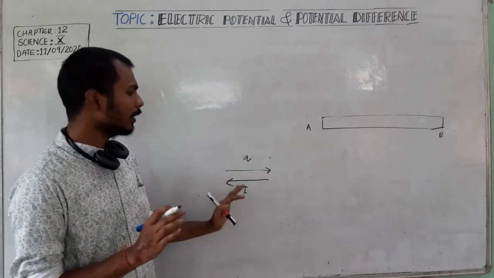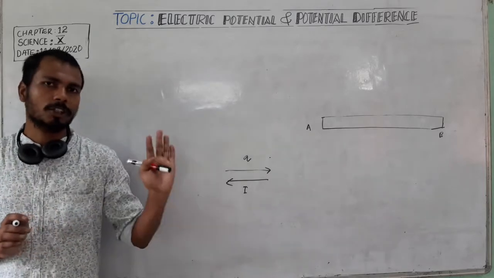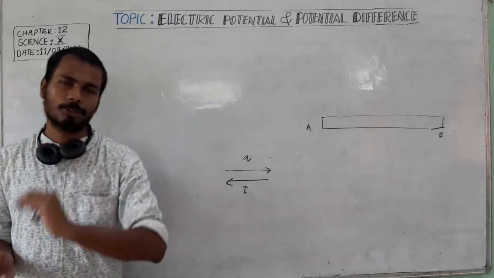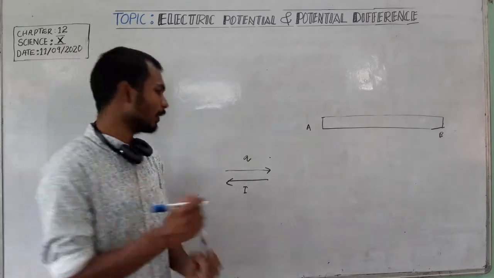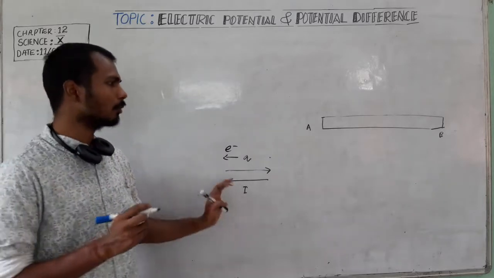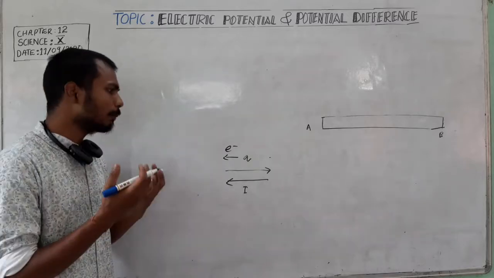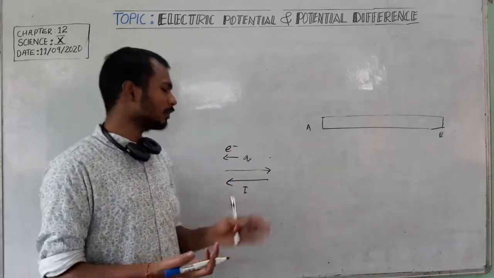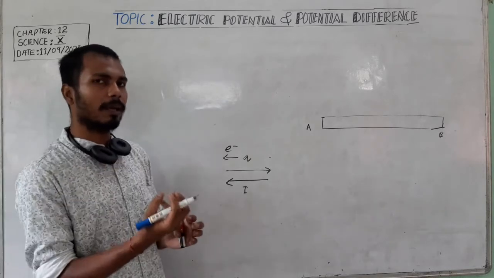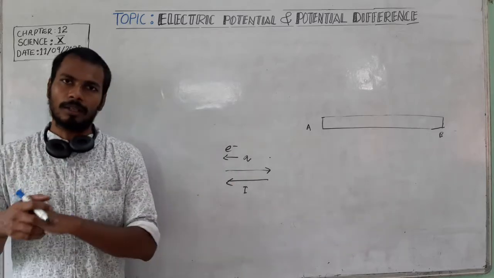But this current is actually the movement of charge. When we indicate the direction, just remember current always moves in the direction opposite to the movement of charge. If we are talking about charge, then electrons are moving, means negatively charged particles are moving. Because only electrons can come out of an atom. The outermost electrons are loosely bound, so by gaining a small amount of energy they can easily come out of the atom.